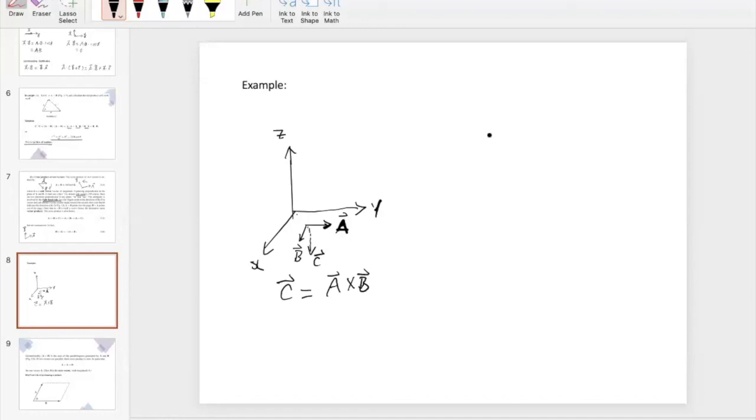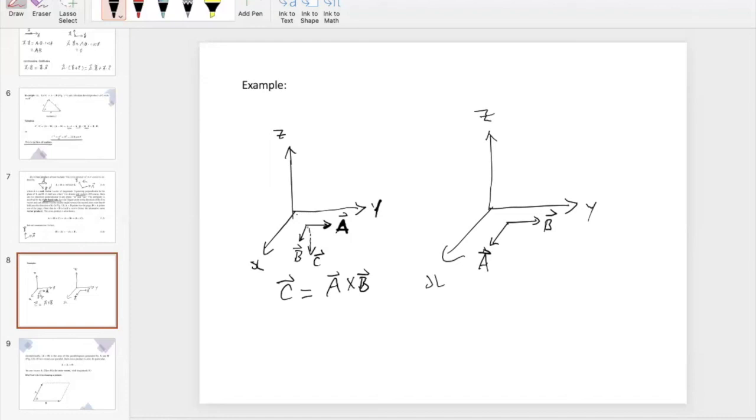Now let's make another example. X, Y, and Z. Let's say still A and B, this time this is A, this is B. They're still in the XY plane.